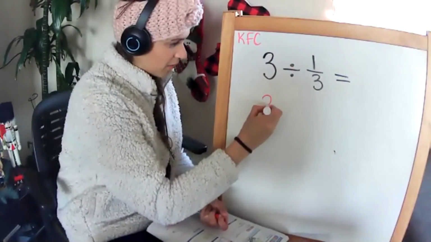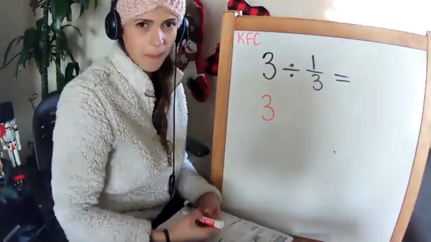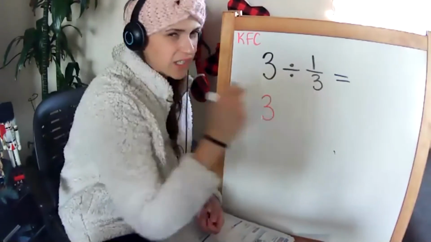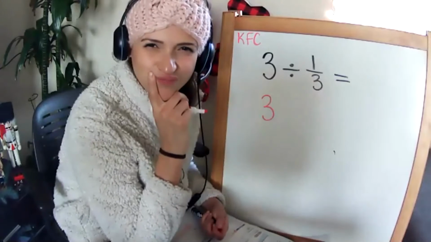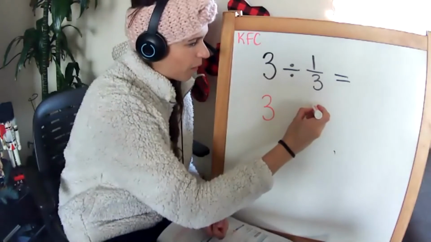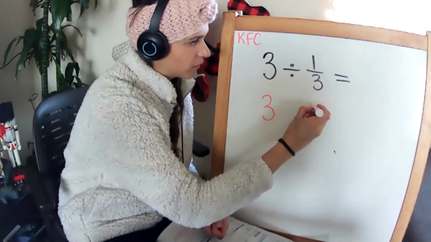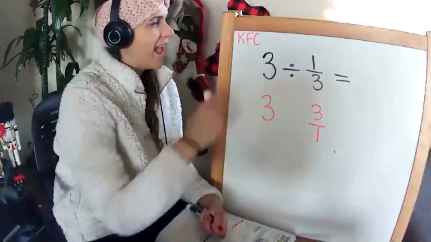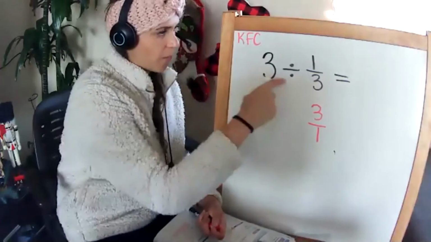Keep the 3. What are we flipping? The fraction, 1/3. Flip your fraction to its reciprocal. What's the reciprocal of 1/3? It is 3 over 1. And change your operation.